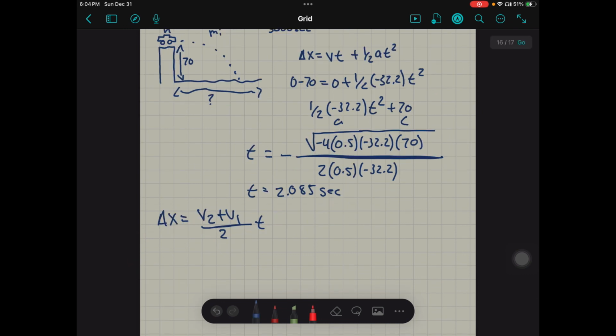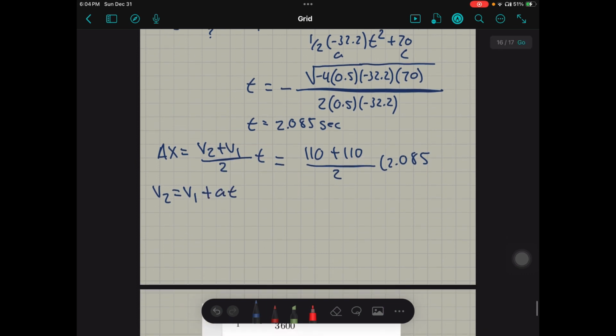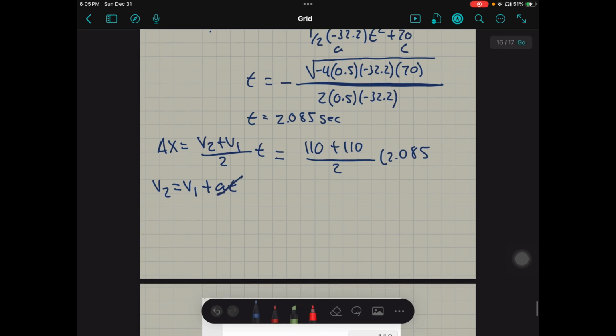So when we plug that in, we get 110 feet per second plus 110, divided by 2, times 2.085. The reason v2 equals 110 is because we can use v2 equals v1 plus at, and because our acceleration is 0, it is equal to v1.